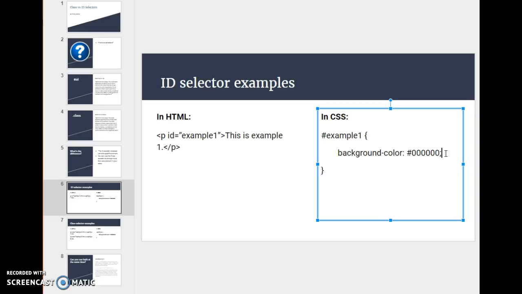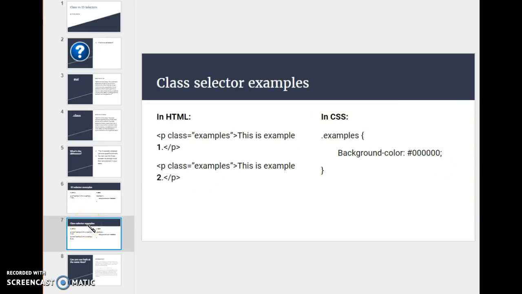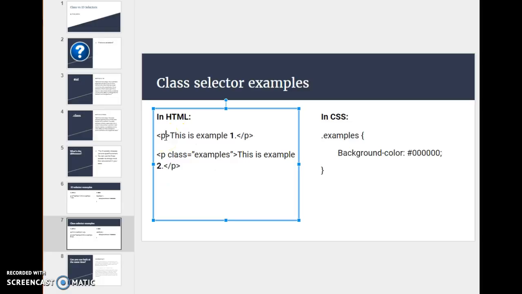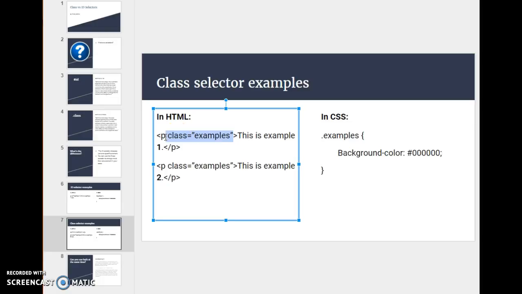So now, with the class selector, here's an example of this. You have the class right here. Also, like with how the paragraph is, the original would look like that. But with the class selector, it should look something like this. And you can change these names, just letting you guys know.